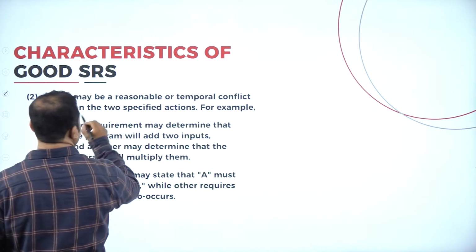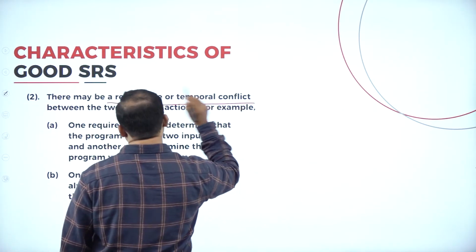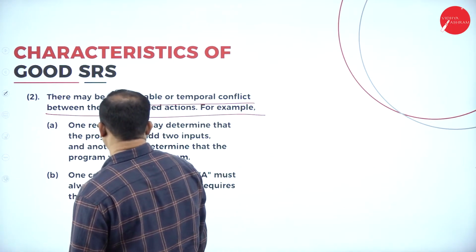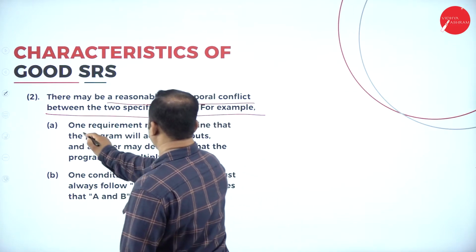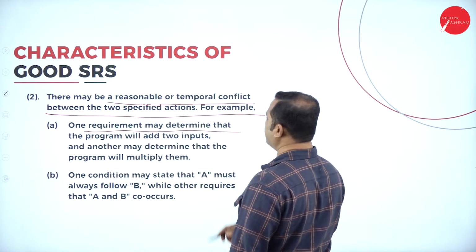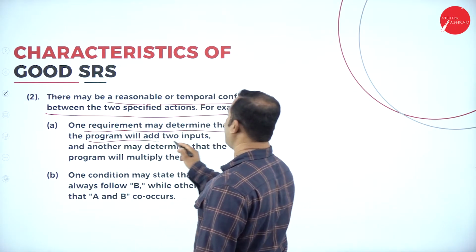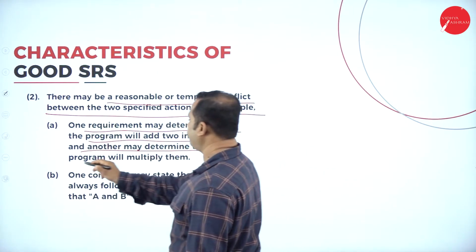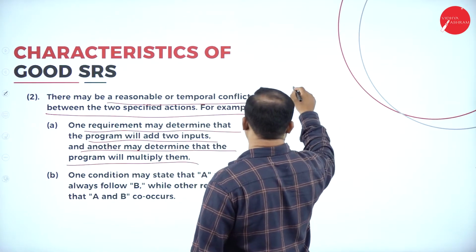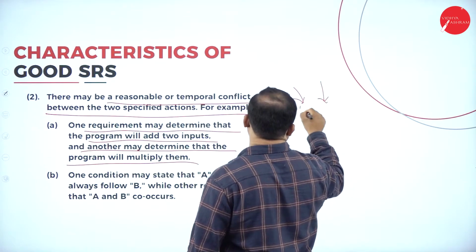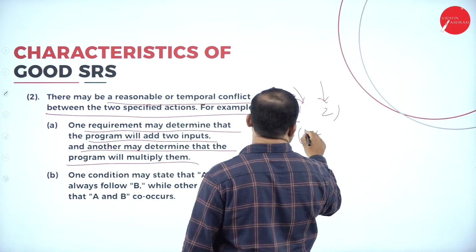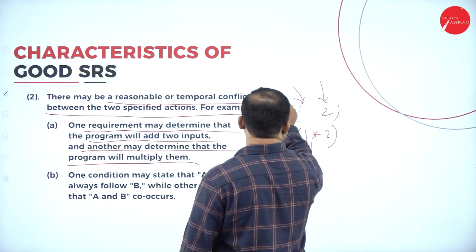So the second important thing is a logical or temporal conflict between two specified actions. For example, one requirement may determine that the program will add two inputs and another may determine that the program will multiply them. That is, the parameter values passed as parameter 1 and 2 are used, and the third one is a computation of 1 and 2, and it returns a single result.